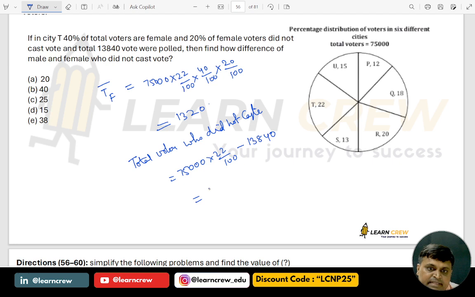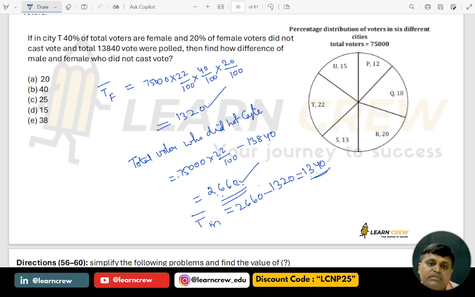So thereby it is 2660, and total males who did not cast vote is 2660 minus females 1320, it is 1340. Total females and total males together who did not cast is 2660, and females we already calculated, males are remaining. Now the difference between these two, 1340 minus 1320, the answer is 20. The answer is 20.